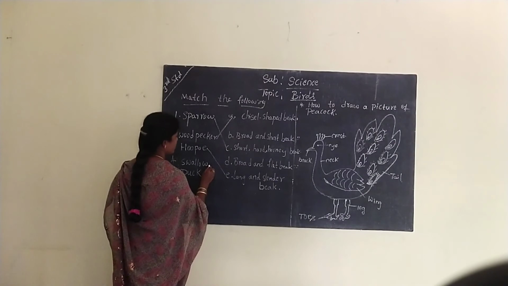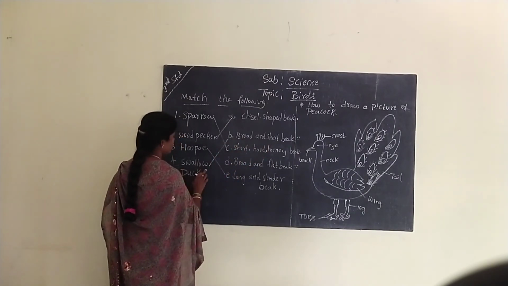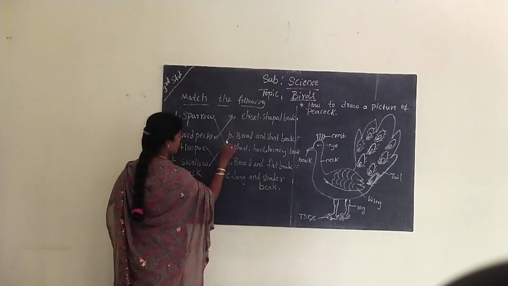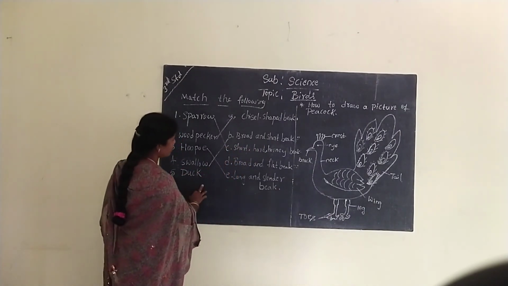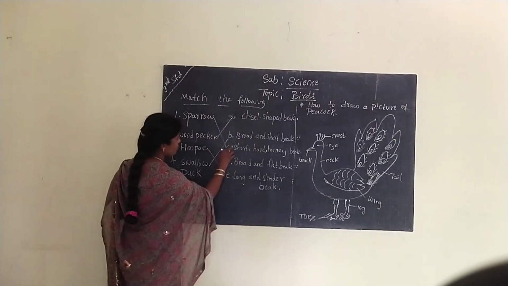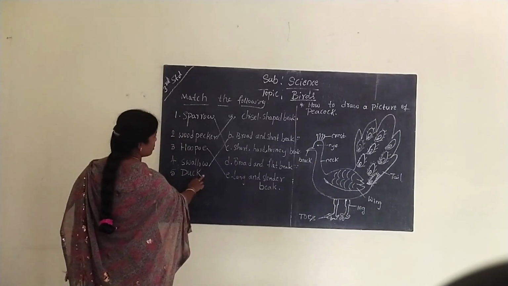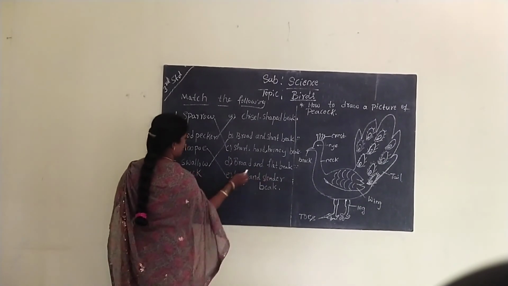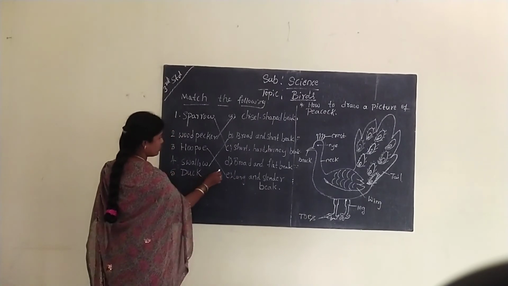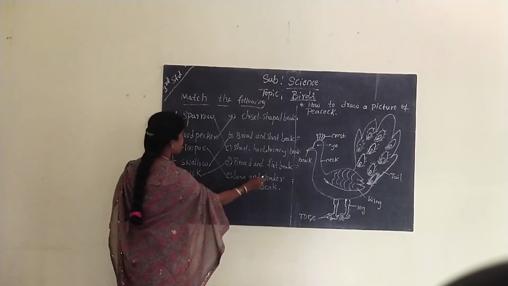You have to match swallow to broad and short beak. Next, last one is duck. Duck beak is, yes, broad and flat beak. You have to match duck to D. Okay, duck beak is broad and flat beak.